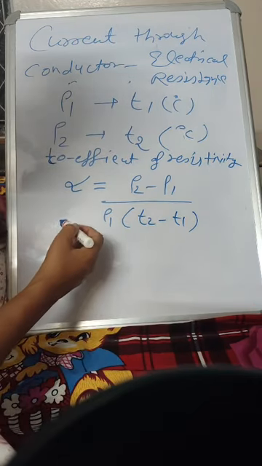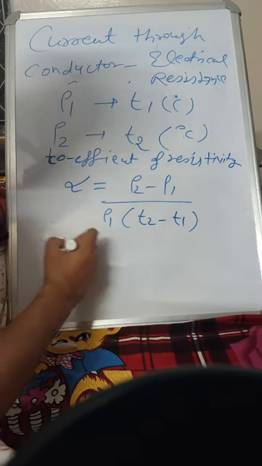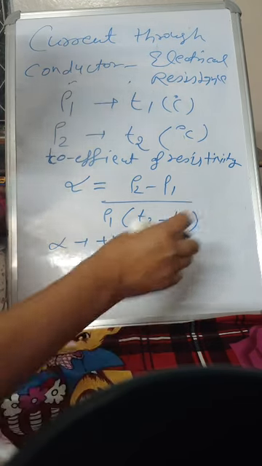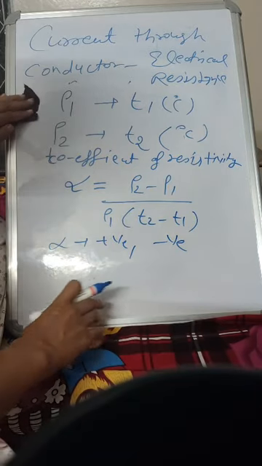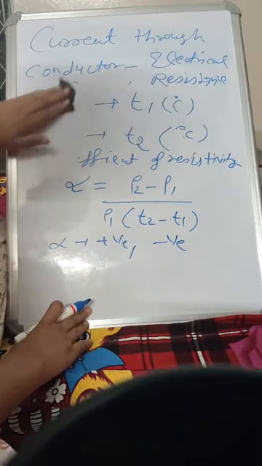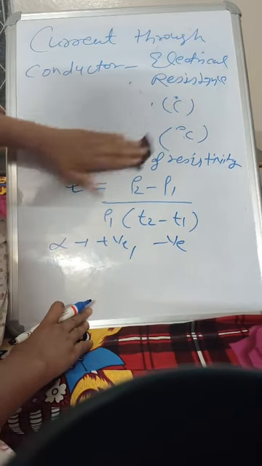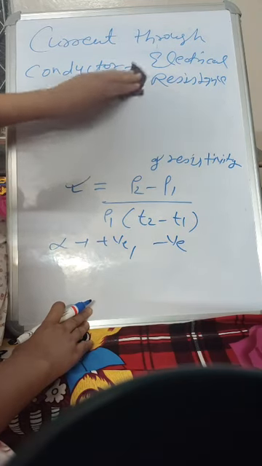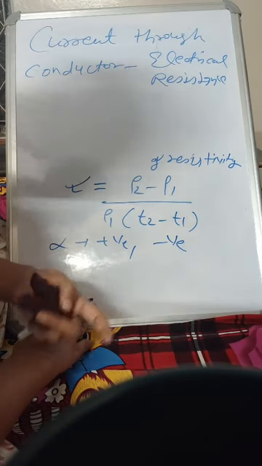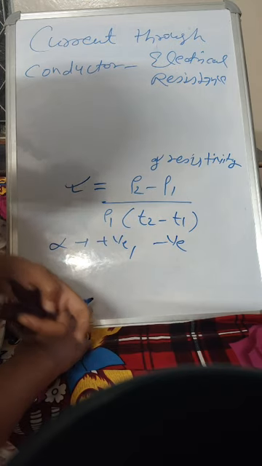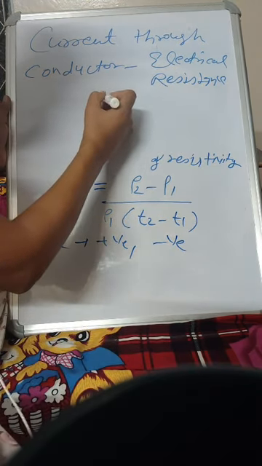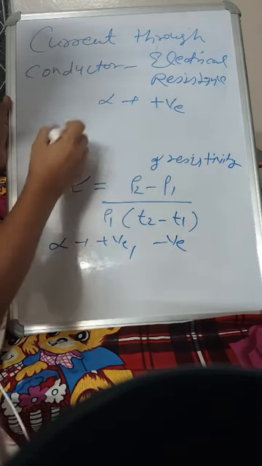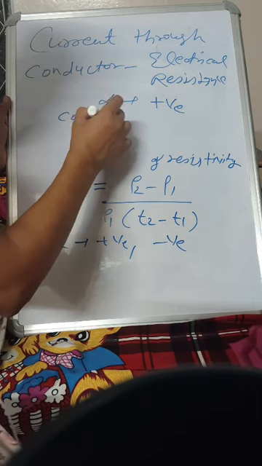This alpha can be positive and it can be negative. In conductors there are a lot of free electrons available, so the current is higher, so this alpha is positive in the case of conductors or metals.